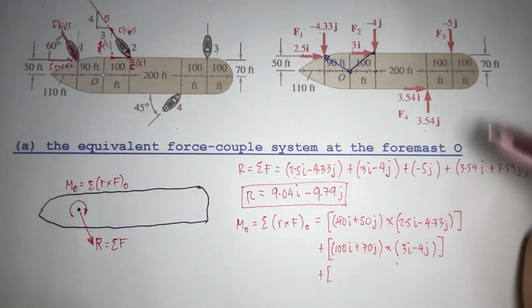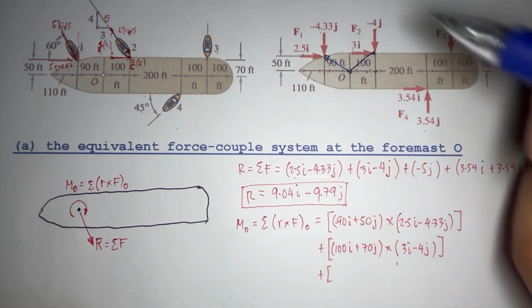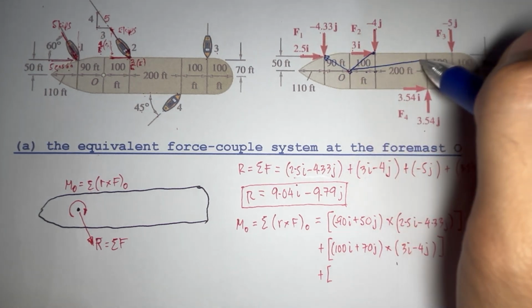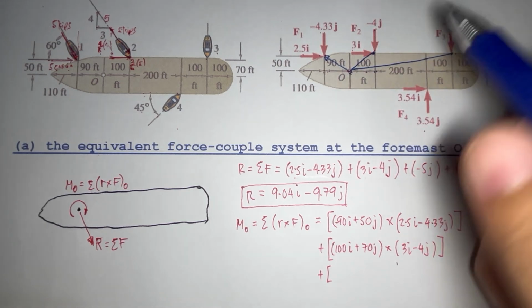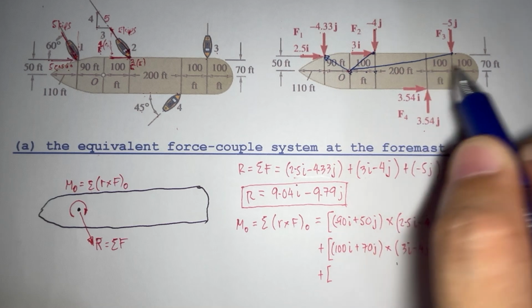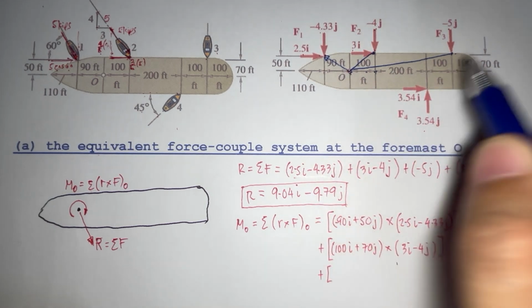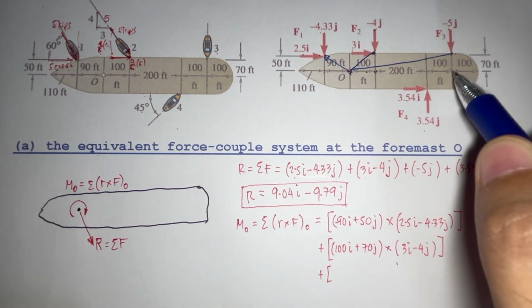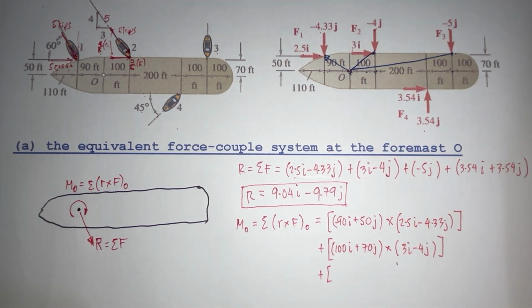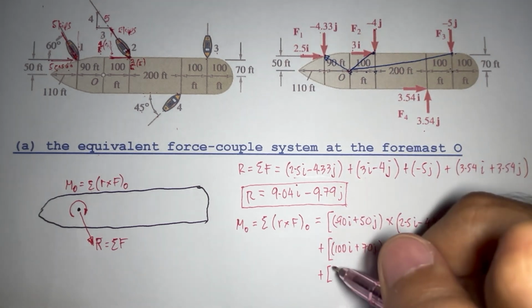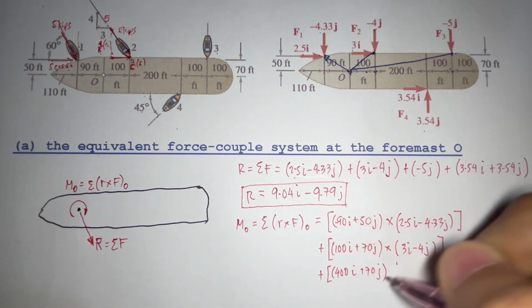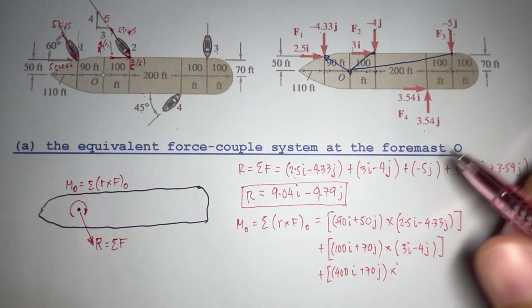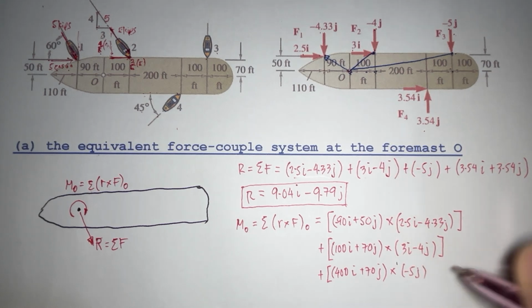So let's continue for our F3. Its moment arm is from point O going to that direction. So to get from point O to this direction, we need to go 100 plus 200 plus 100. We have 400 units going right and 70 units going upward. So we have 400I plus 70J cross our F, that is just negative 5J.